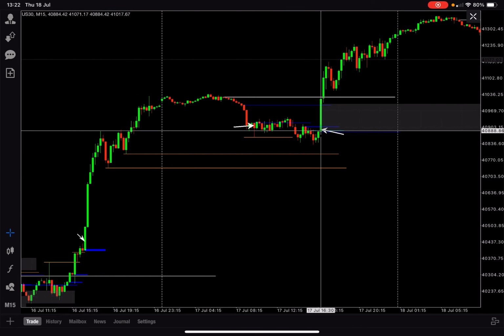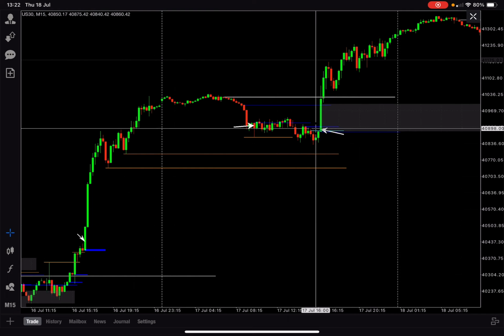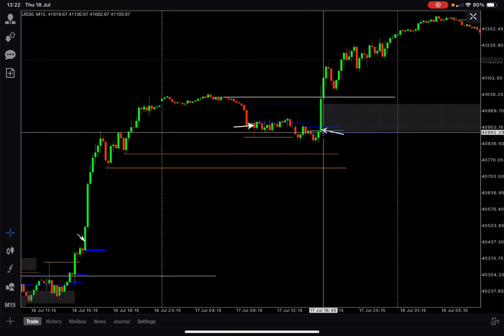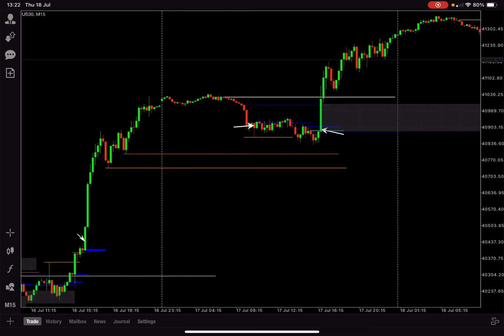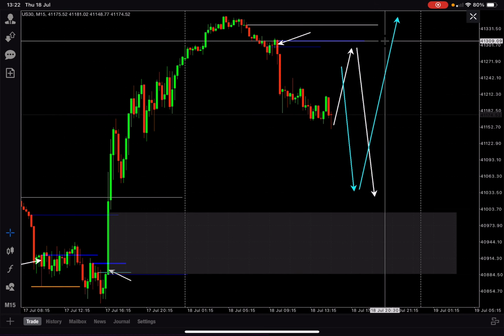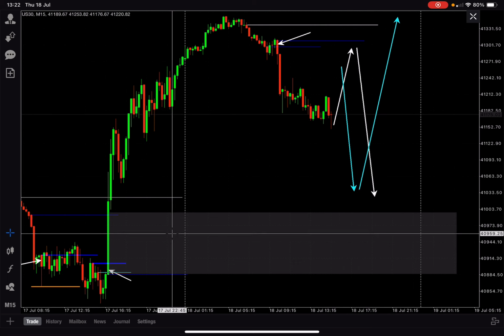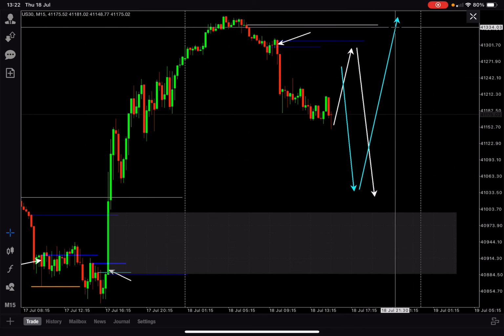So when the New York traders came into the market, they could just continue buying as soon as the market opened, because they were already buying from down here. So they're just buying from here to continue the trend. You may even say that today would follow the blue arrows: push down and then continue buying. That may be a possibility.